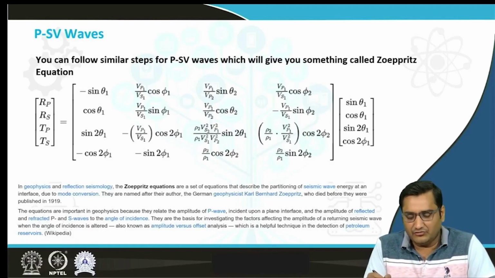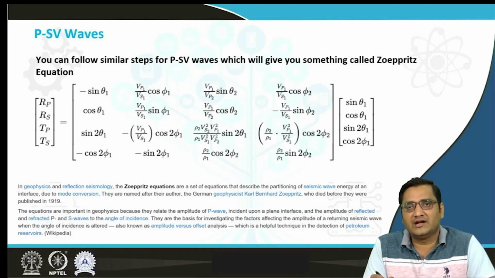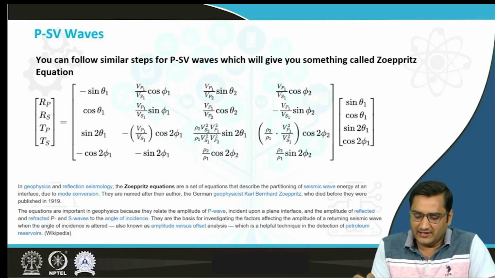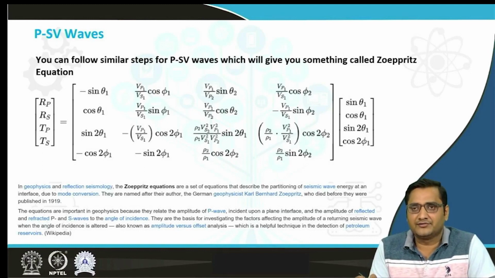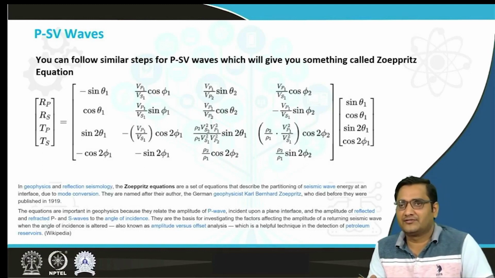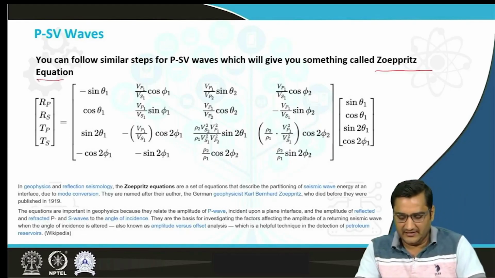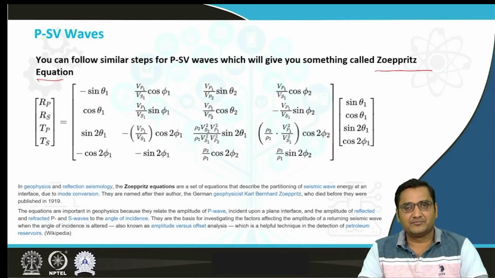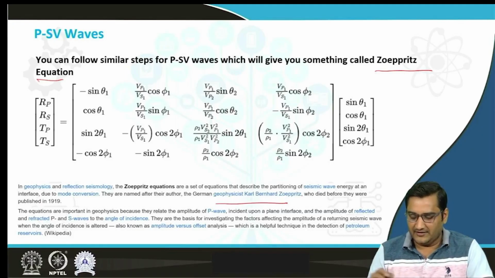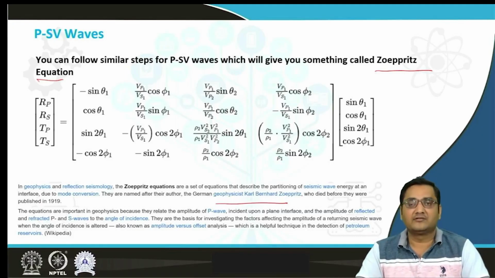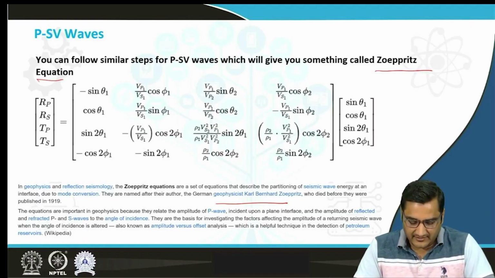And when you follow similar operations as we have done for the SH wave, then you will get a system of equations or a collection of equations that is known as Zoeppritz equations. This is named after a German geophysicist, Karl Bernhard Zoeppritz, who died before these equations got published in 1919.